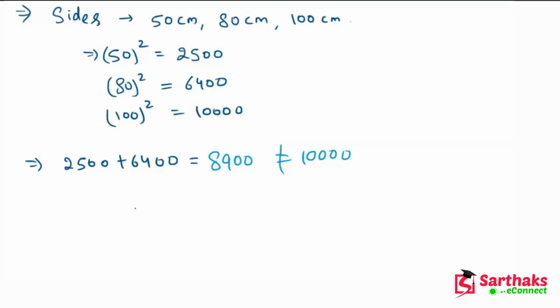So the given triangle does not satisfy the Pythagoras theorem, and hence it is not a right triangle. I hope you understand these things, so my dear friends, now let's move on.